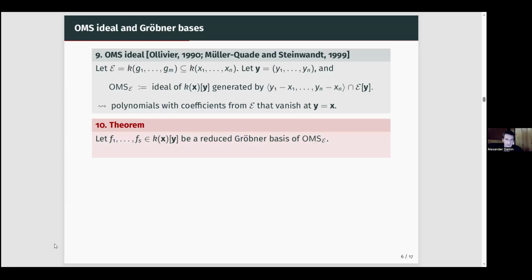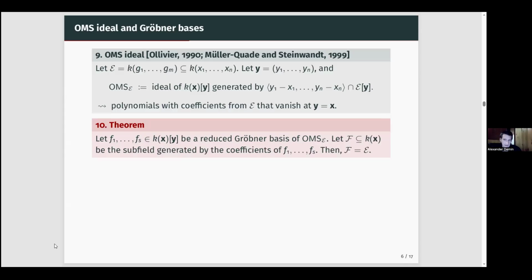Now, these OMS ideals are useful for characterizing elements of a subfield in the following sense. If we have such an ideal and we find the reduced Gröbner basis of it, this will be some polynomials with rational functions as coefficients.